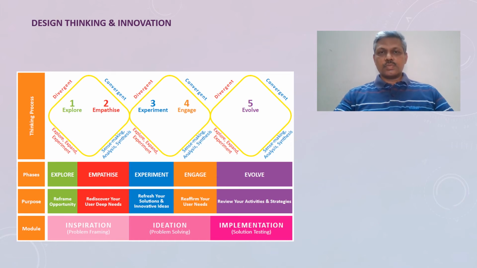It goes to the maximum possible extent of divergence, and then sums up all those things and converges to a particular thing. And then the next phase starts, the ideation phase. Again, go for divergence, and then converge to one level. Again, diverge and converge. This is a beautiful picturization of the entire design thinking process, which captures the essence of the divergence and convergence of thinking that goes into design thinking.